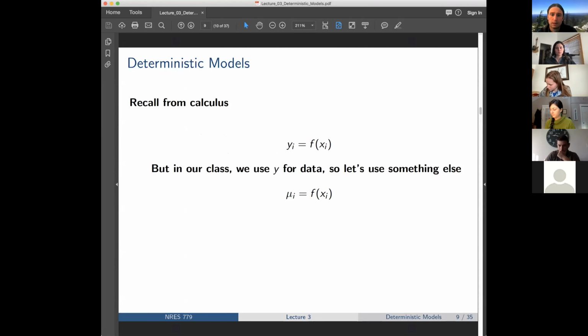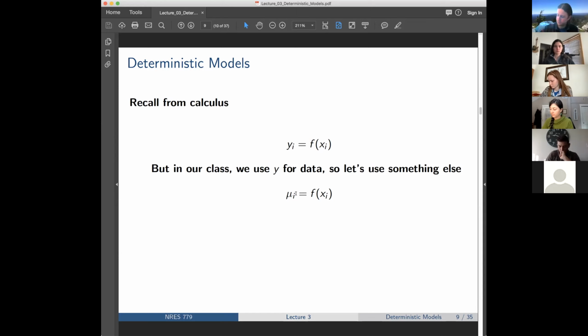We're going to use y for data, as I mentioned the first day of class. So we're not going to use y equals f of x in this class. Instead, we're going to change y to mu. So mu equals f of x, and mu is going to be the value on that line.